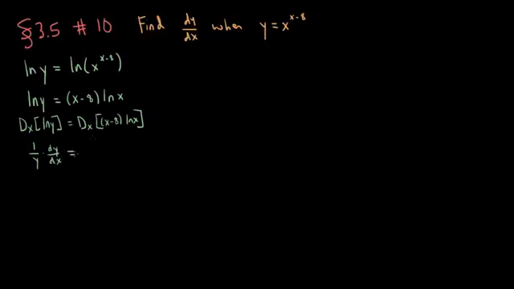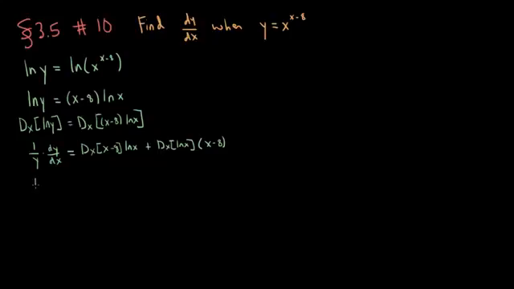Now, this is a product like we just talked about, so that's the derivative of the first function, x minus 8, times the second function, natural log, plus the derivative of the second function, natural log x, times the first function, x minus 8. So there is the derivative of the entire equation.